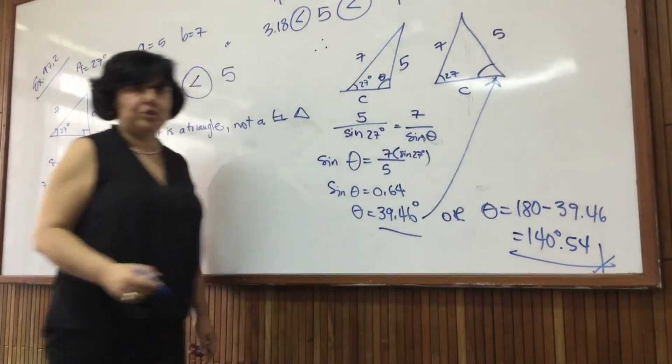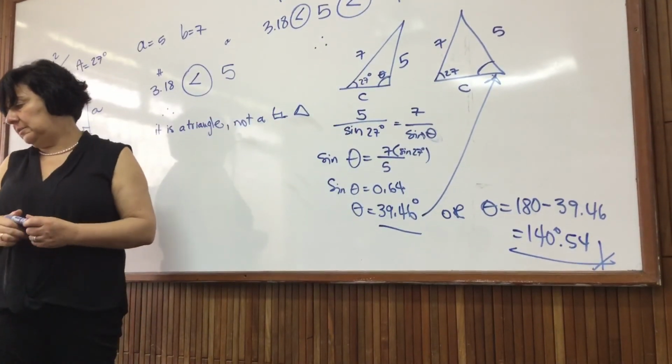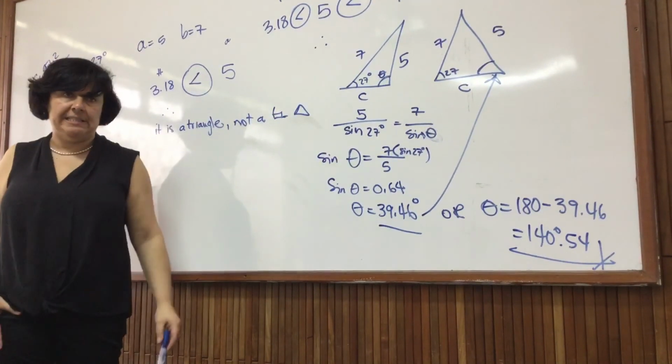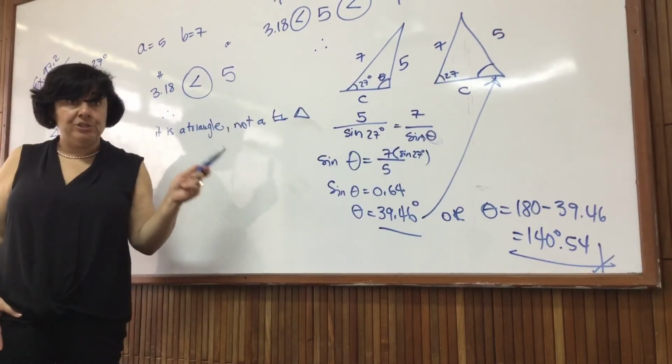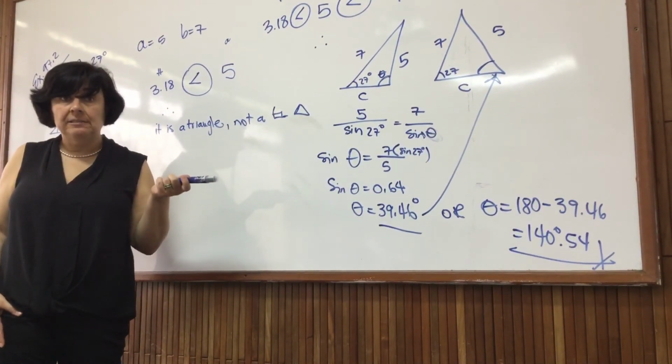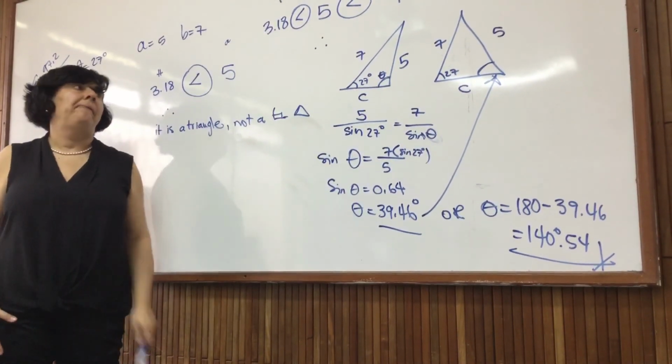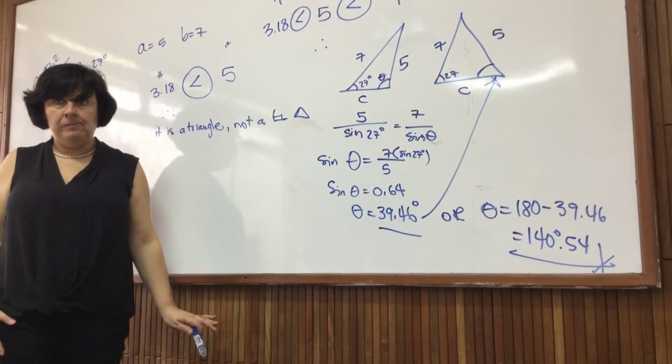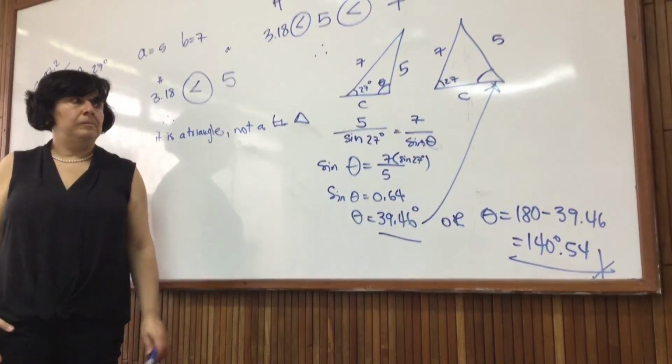Those are the two angles that you're finding. Okay? Now you can easily find C in both cases, because they're going to be different C's. Do you agree? Are we good? Yeah.